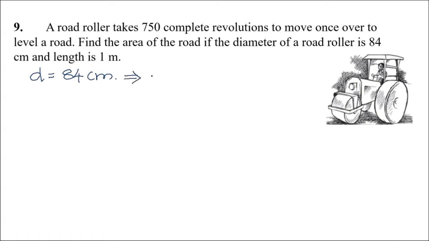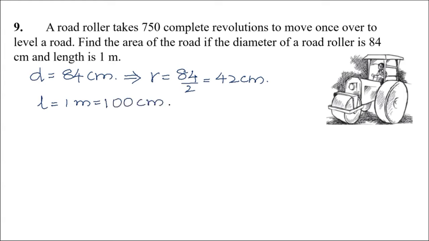This implies that the radius will be half of that, 84 by 2, which is 42 centimeters. The length of the road roller is 1 meter, which is nothing but 100 centimeters. This length of the road roller will be the same as the height of the cylinder. So we shall make use of the curved surface area formula, which is 2 pi RH.